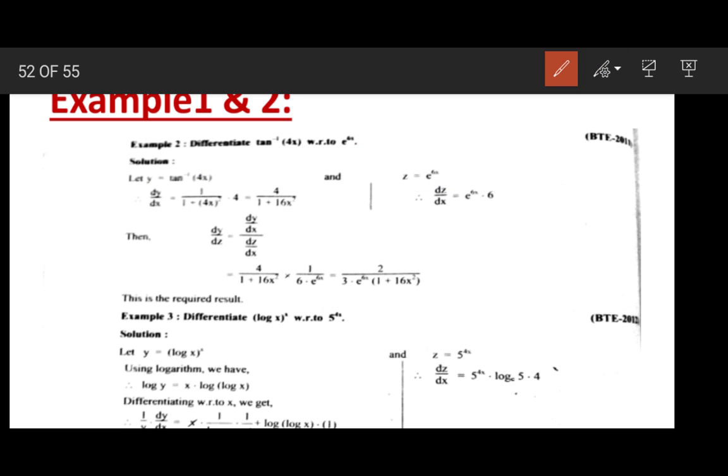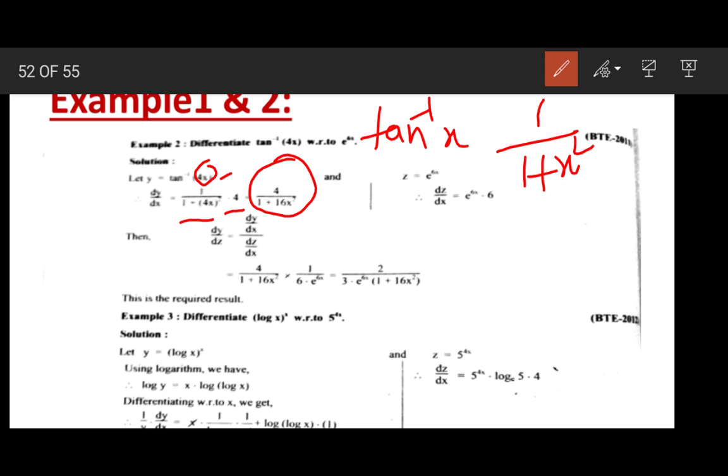Now let us differentiate y with respect to x. So dy upon dx. Derivative of tan inverse x is 1 upon 1 plus x square. So derivative of tan inverse 4x will be 1 upon 1 plus 4x square into derivative of 4x, and derivative of 4x is 4. So we'll get 4 upon 1 plus 16x square.